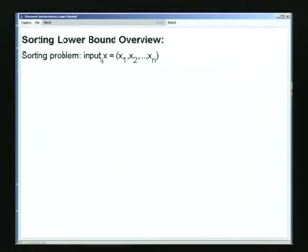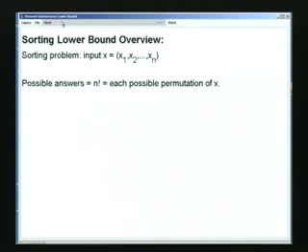The input to the sorting problem was the sequence X, consisting of components x1, x2, ..., xn. These are all numbers, and we want to sort them. The key thing to observe in this lower bound argument is that there are n factorial possible answers.